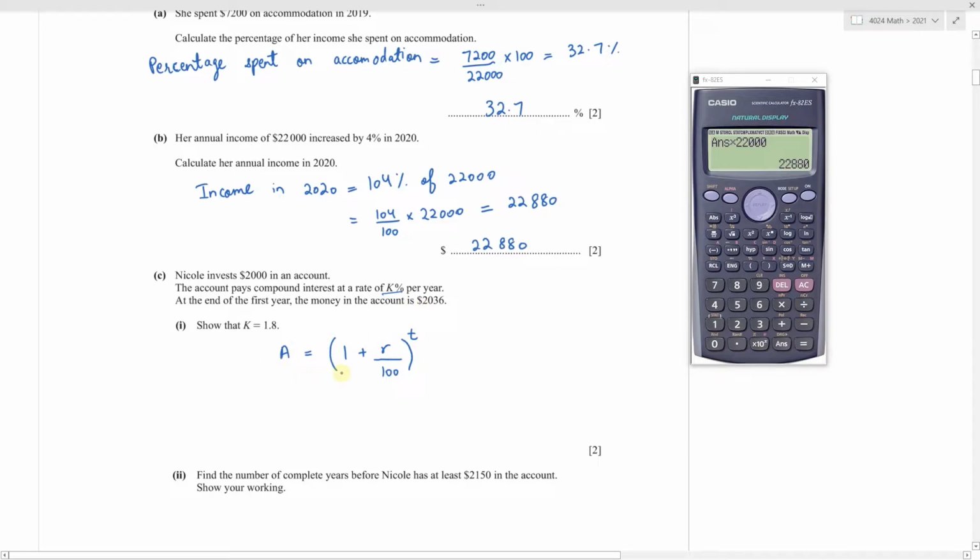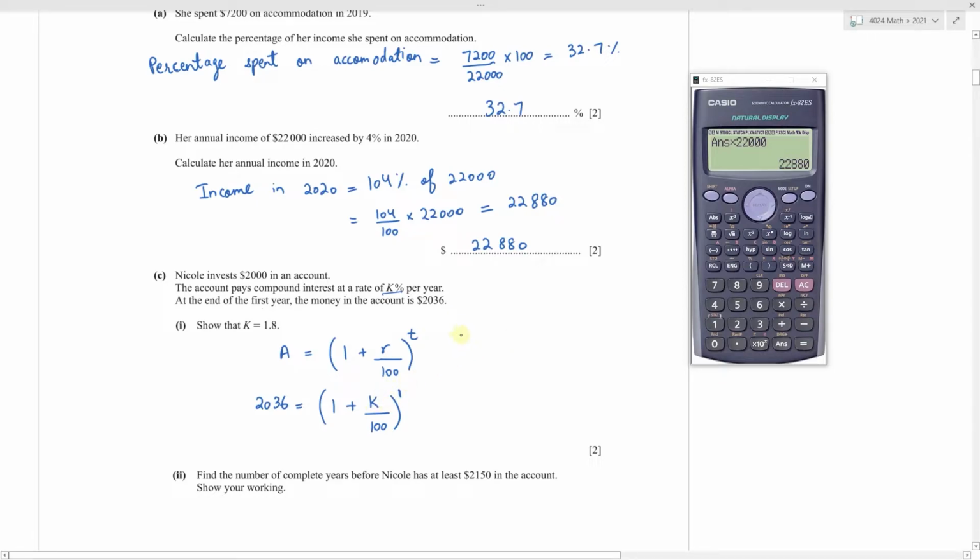So now we can replace the values in this formula. The money in the account is $2,036 after 1 year. So 1 plus your rate in percentage, which is k, over 100, and power 1, because your time is at the end of the first year, so a total of 1 year. So let's solve for k.